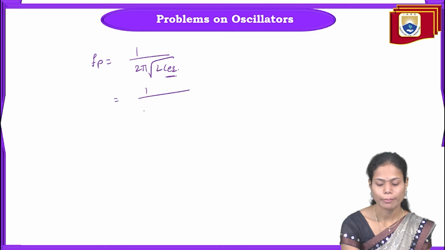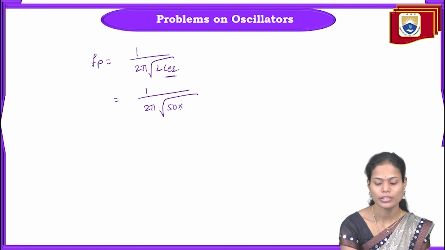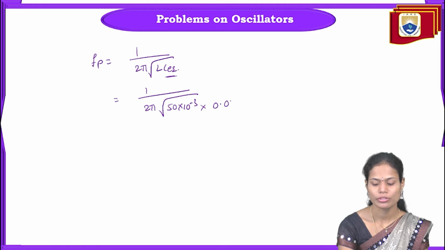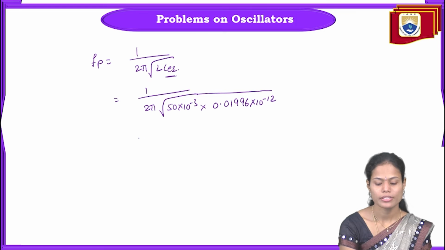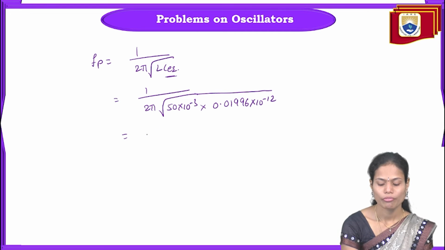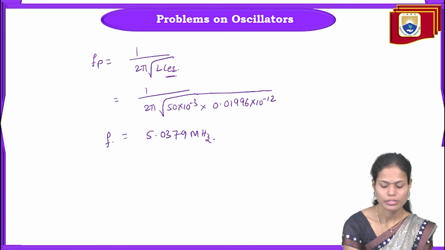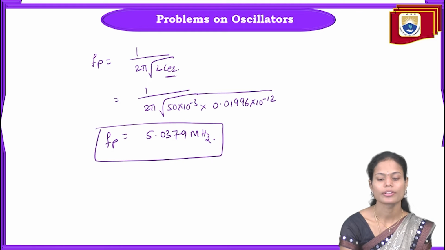So here it is 1 by 2 pi under root of L value is 50 millihenries and the equivalent capacitance we got here as 0.01996 picofarads. So if we simplify this one, we will get it as 5.0379 megahertz. So this is the parallel resonant frequency here.